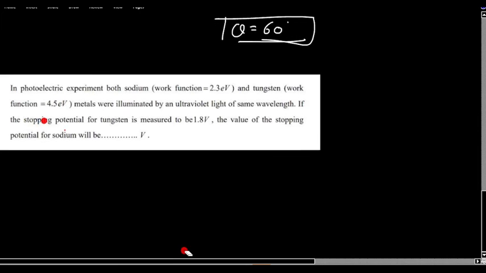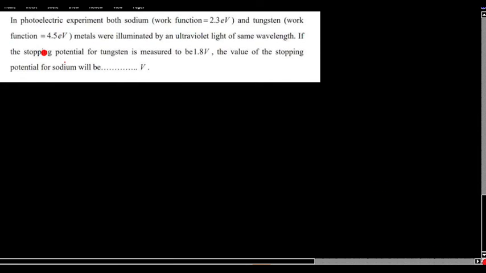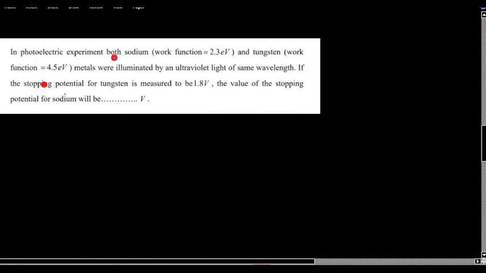And let me do the other question. Yeah, in this question, the photoelectric effect. In the photoelectric experiment, both the sodium and the tungsten, their work functions are already given to you, and the metals are illuminated by ultraviolet light of the same wavelength.